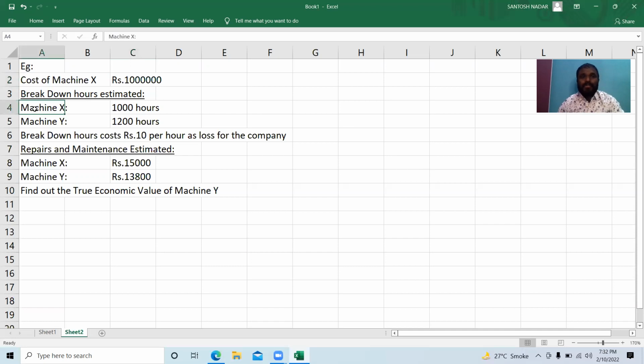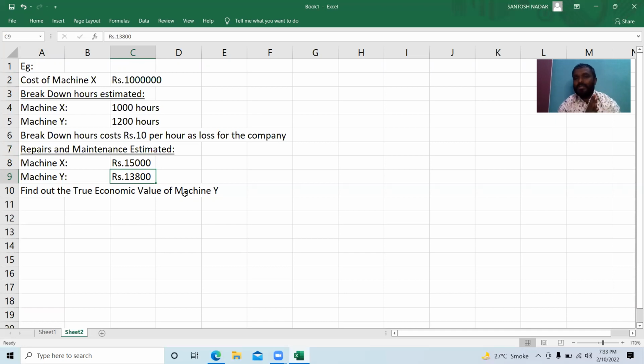Machine X has breakdown hours of 1000, whereas machine Y has breakdown hours of 1200. And every hour of breakdown costs the company rupees 10 per hour. The machine also has some repairs and maintenance cost. Machine X has a repairs and maintenance cost of rupees 15,000, whereas machine Y has a repairs and maintenance cost of 13,800. Find out the true economic value of machine Y.